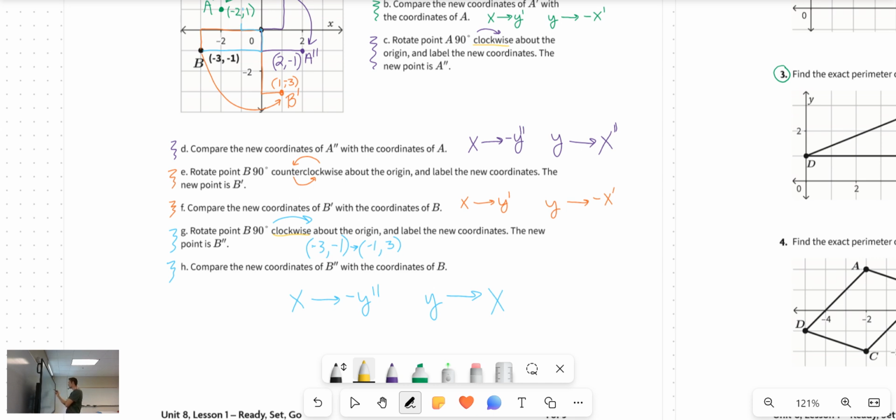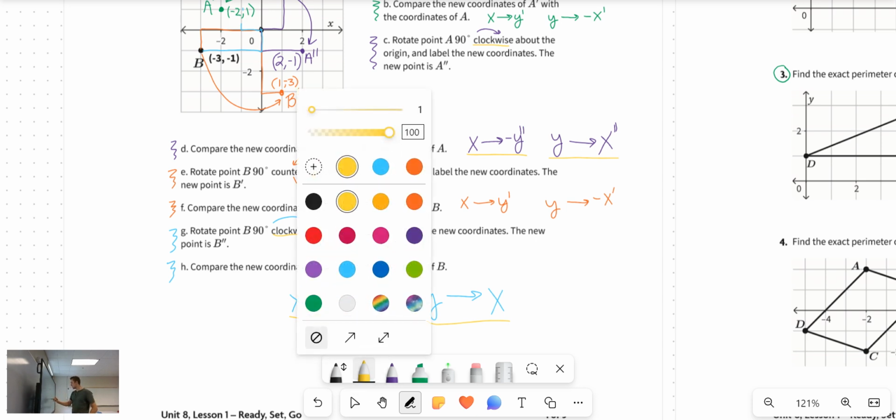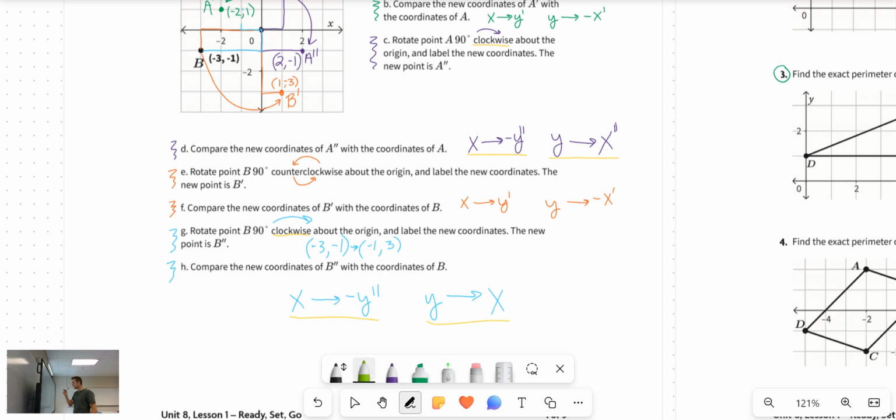And then comparing the new coordinates, x went to -y, and y went straight to x. So if we did clockwise 90 degrees, this is the pattern. And if we do counterclockwise, I'll switch it up again. Maybe we'll do this light green.